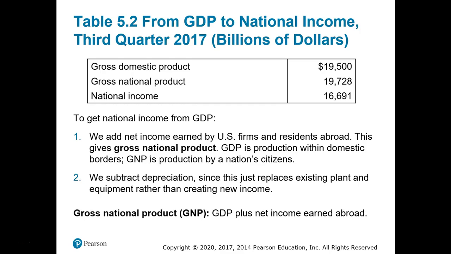And the national product is basically our nation's citizens. We then take off the depreciation, anything that's replacing existing plants and equipment, because it's no longer worth its value. Take that off, and that's our net national income. So sometimes net and gross are not necessarily the same.